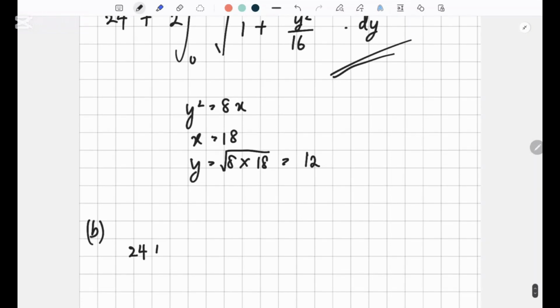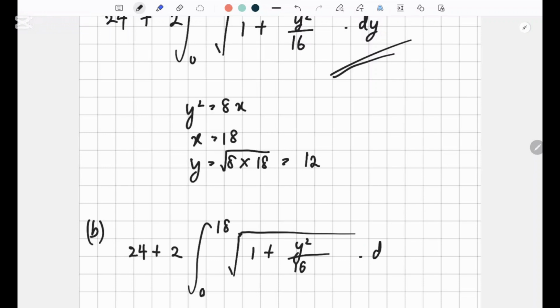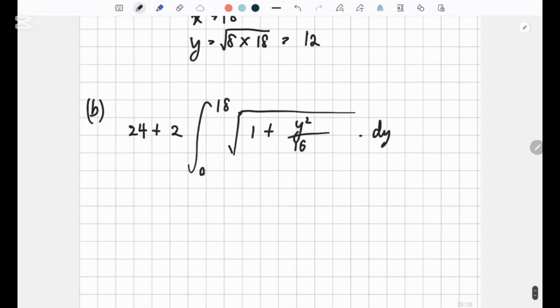So 24 plus 2 times the integral from 0 to 18 of the root of 1 plus y squared over 16, dy. And they're asking us to use a substitution of y equals 4 sinh u.